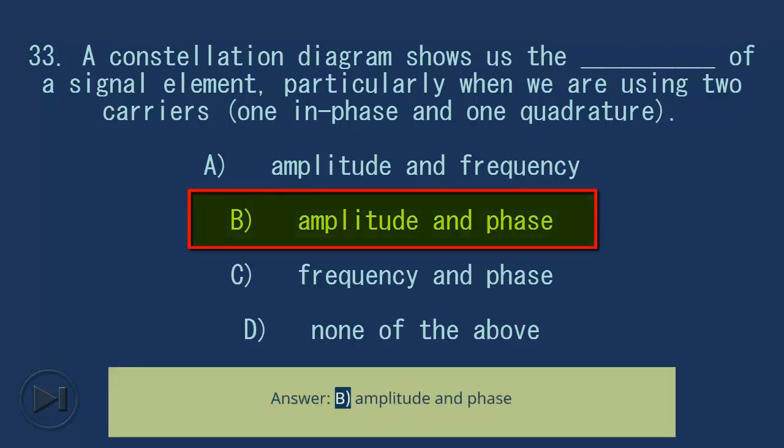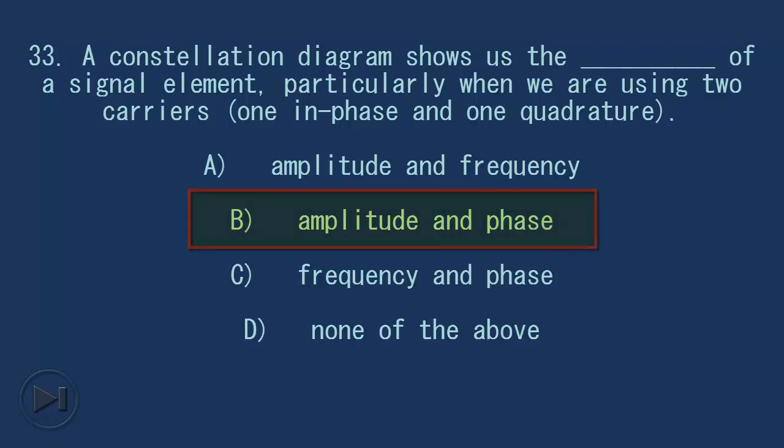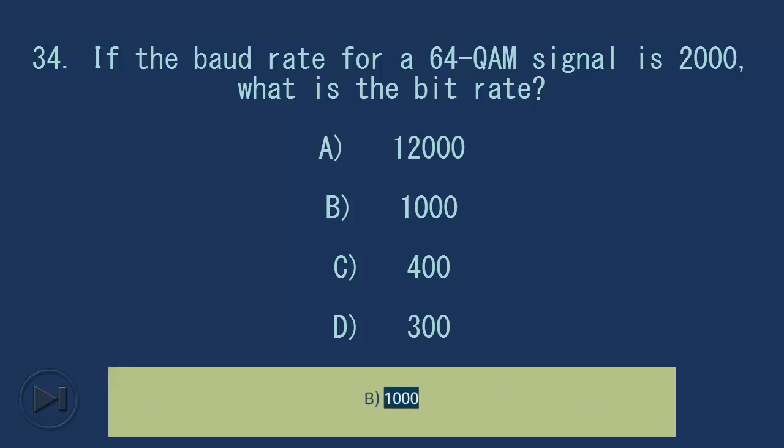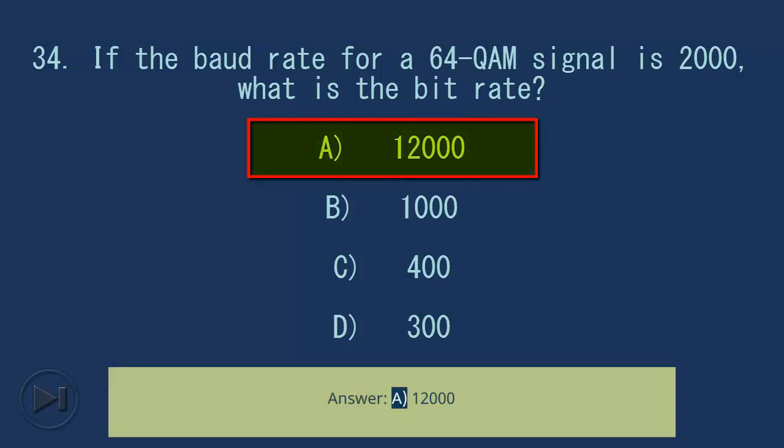Answer, B. Amplitude and phase. 34. If the baud rate for a 64 QAM signal is 2000, what is the bit rate? A. 12,000. B. 1000. C. 400. D. 300. Answer, A. 12,000.